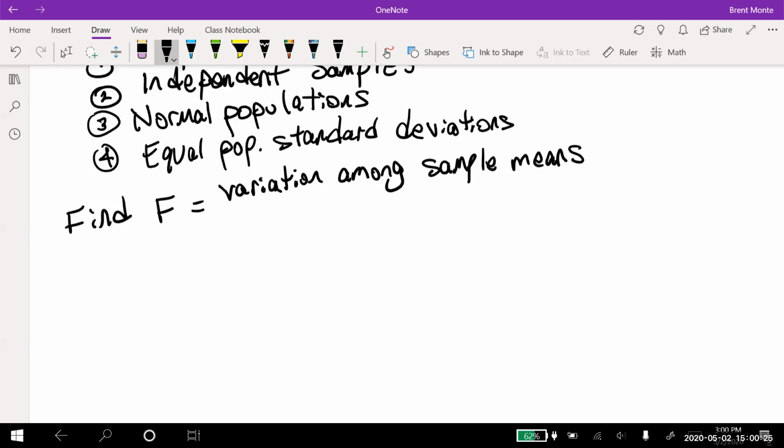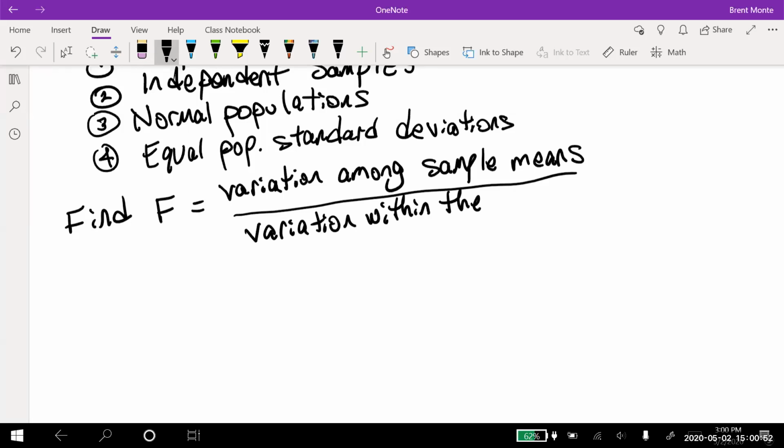If they're very far apart, the samples, the means, then the population means might be far apart as well. But notice what we're going to have is a fraction, that's the numerator. So the further these are apart, the bigger the F value is going to be. What we divide it by is the variation within the samples. And this is where that pooled idea comes in.